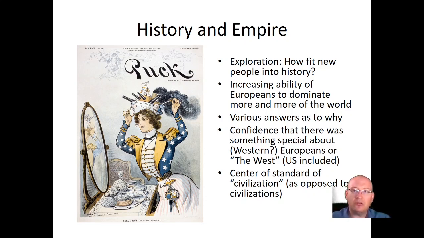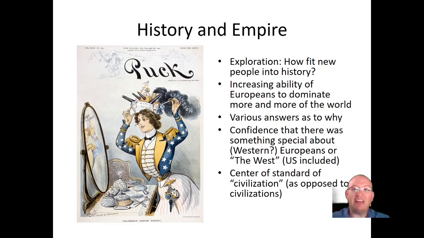So there's not only this attempt to figure out how we fit people into this history, there's various answers as to why Europeans and later Americans are so dominant. And there's this idea that there's something special about the West, about Europeans, and I say the West to include the United States.